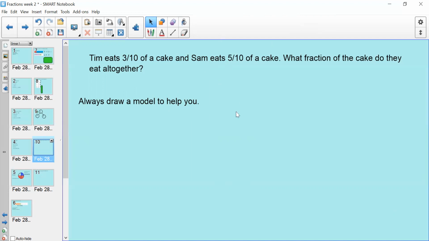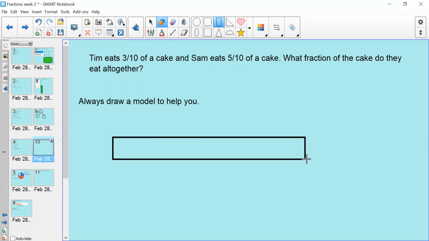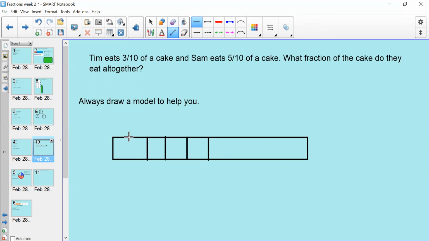Okay, excellent. So what we would do first is you could draw a model. You can draw any model, but I normally draw a bar model. And then you'd have to split that model into tenths. And try, of course, to get it as equal as possible because fractions have got to be split into equal parts.